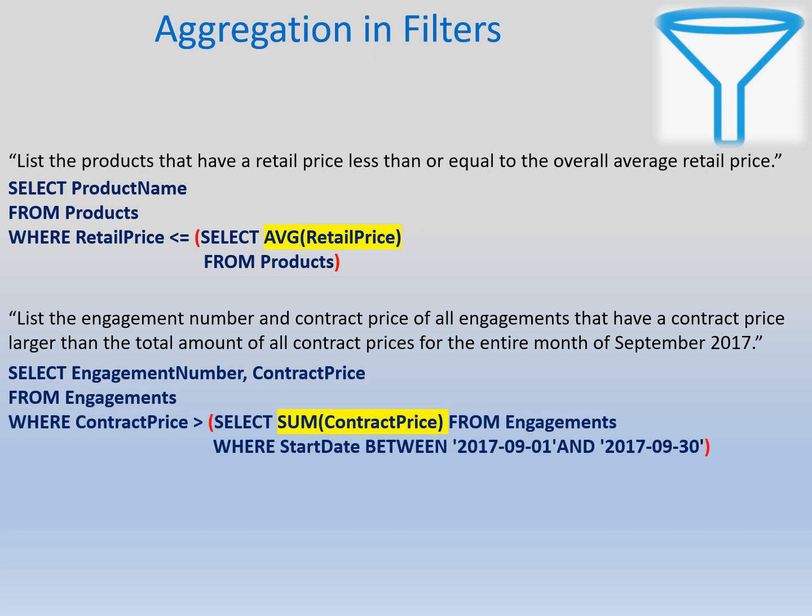In the where clause, we have a subquery that uses the aggregate sum on contract price, and this subquery has a where clause that manages the condition for start date between September 1st, 2017 and September 30th, 2017, which is the entire month.